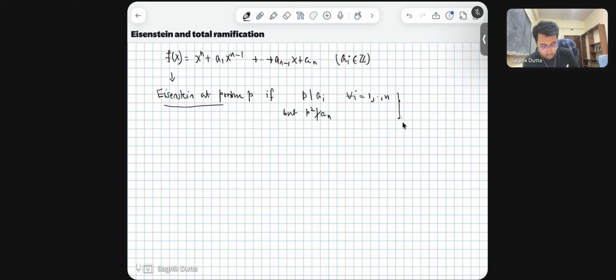Such a polynomial is called Eisenstein at a prime p.